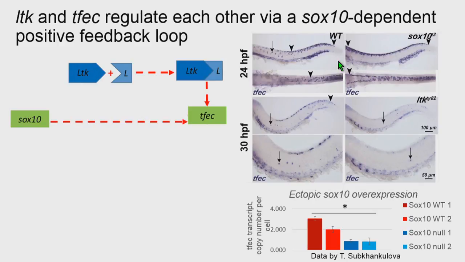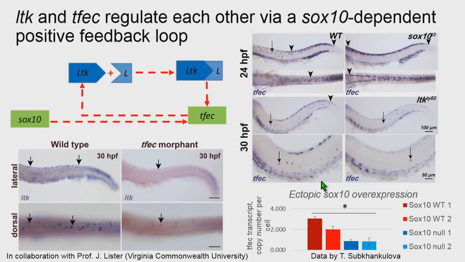And what we find is that in wild type, those cells that I showed you earlier that are turning on TFEC expression and migrating are no longer present in SOX10 mutants. Moreover, we find that by overexpressing wild type SOX10, this gives rise to increased TFEC expression in a very early embryo, whereas overexpressing mutant SOX10 transcript cannot do that.